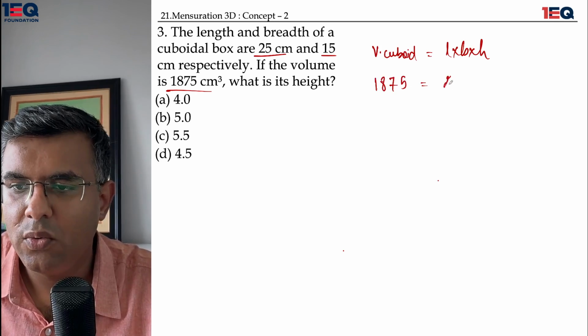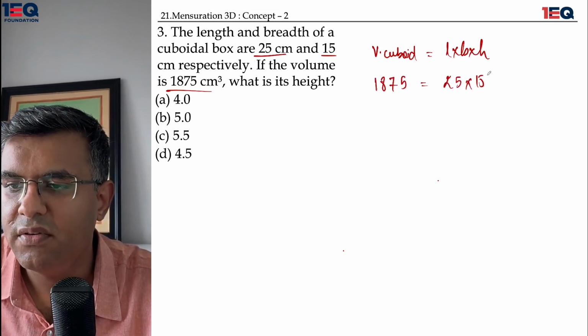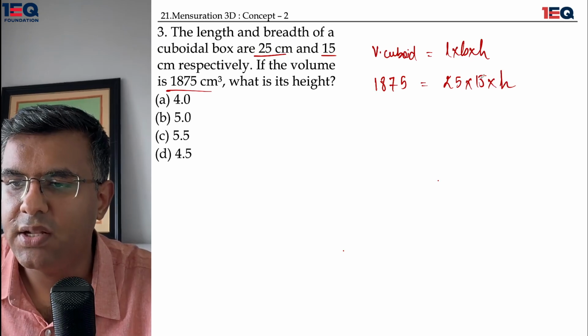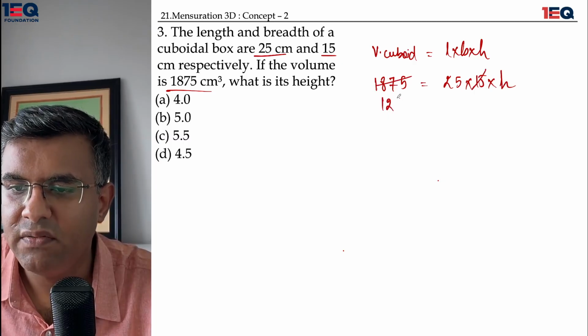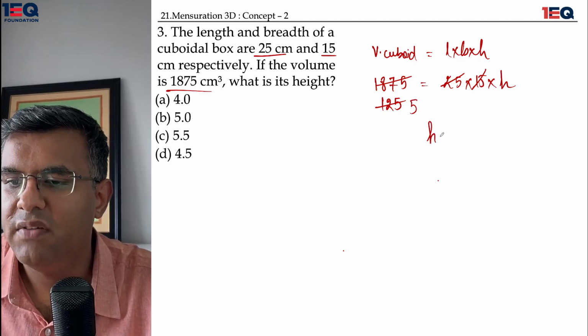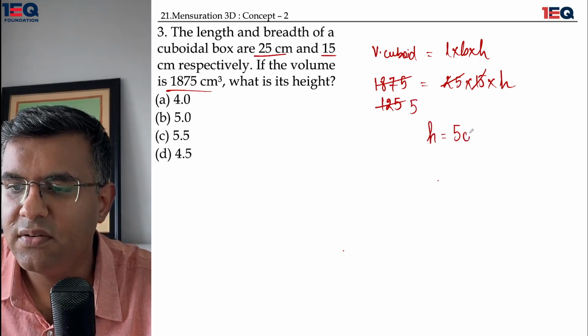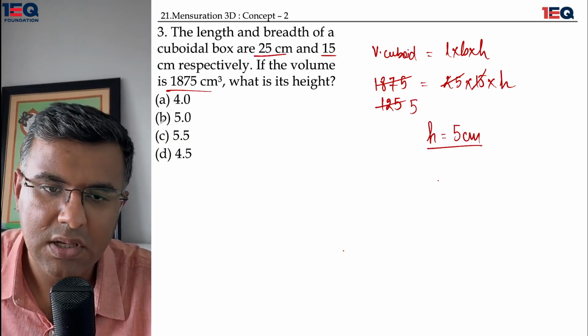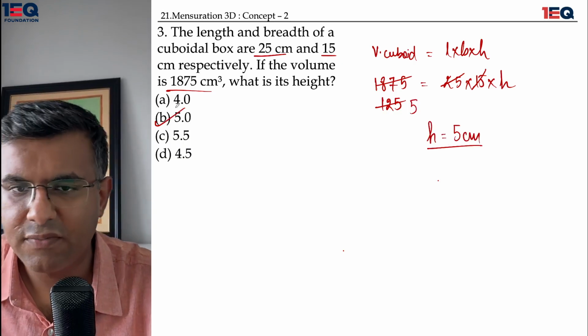It is equal to 25 into 15 multiplied by H. The value of height comes out as 5 centimeters, which we have solved using the standard formula of volume of cuboid.